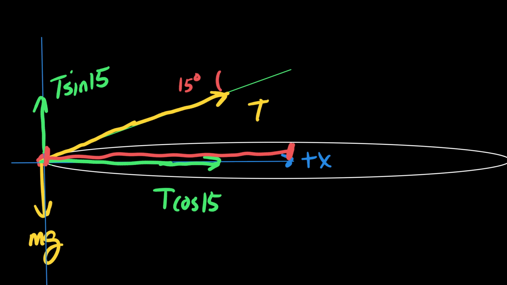Because that's going to be the radius. So I think this radius is going to be 1.2 meters long times the cosine of 15 degrees. It's got to be the radius of my circle. We did this in class, right? A couple weeks ago, 2 weeks ago. Just making sure.